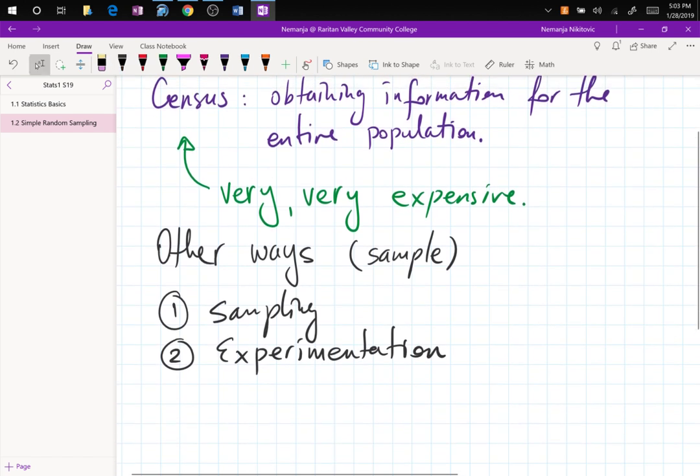So these are the two. So for sampling, eventually in the course we will deal with probability sampling, not now. Now we are focusing on simple random sampling. So that's technically the title.